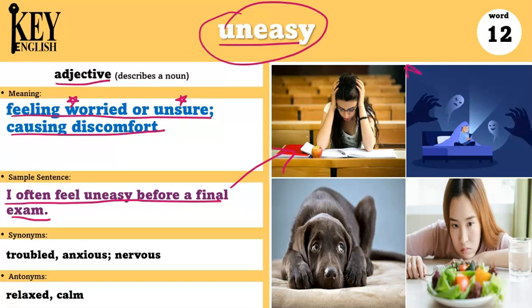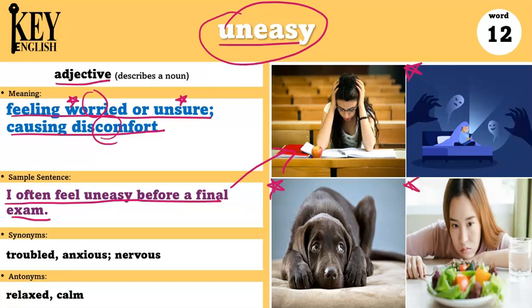Another example would be being in a dark room. If you're scared of the dark, you might feel uneasy when you're in a dark room. And if you have a pet like a dog or a cat, they are usually uneasy during storms. They don't like the sound of lightning and thunder. It makes them feel worried or uncomfortable, so they feel uneasy.